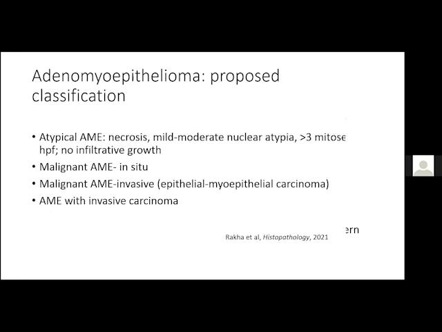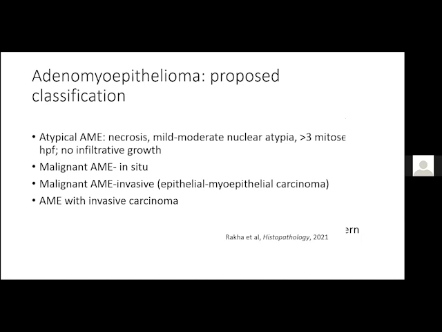There's a recent publication in Histopathology that has a proposed more complicated classification, and they suggest that in addition to adenomyoepithelioma, there is an atypical form where you see necrosis, mild to moderate nuclear atypia, more than 3 mitoses per 10 high power fields, and no infiltrative growth.